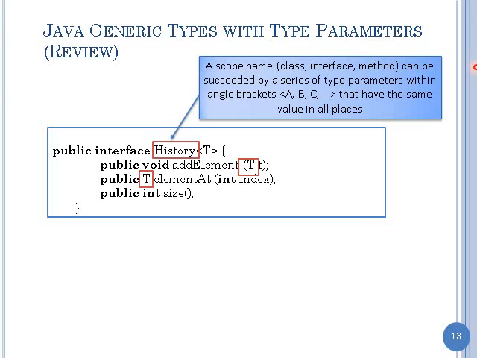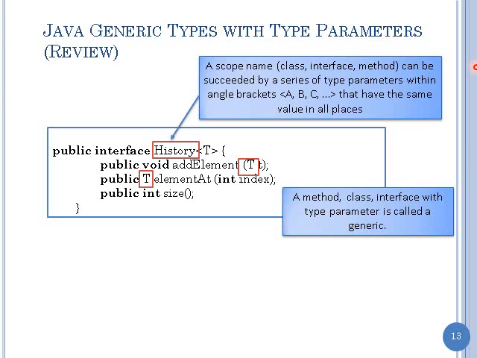Okay, so it could be a class, it could be an interface, it could be a method. So even in a method, you can go and declare something to be a type parameter, and then all declarations in that method could use that type parameter in declarations. Okay, so that's what we have here.